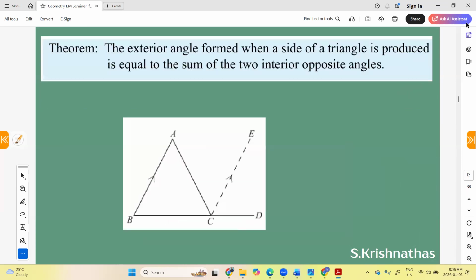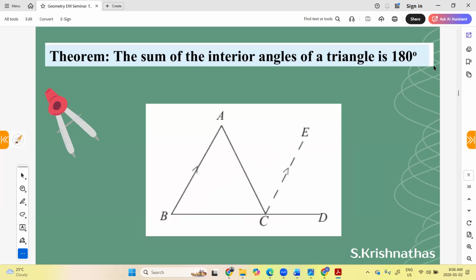Right. Okay. Next, students, the sum of interior angles of a triangle is 180 degrees. Right? If the angles are A, B, C, then A plus B plus C is 180 degrees. Okay, I'm going to prove this one.